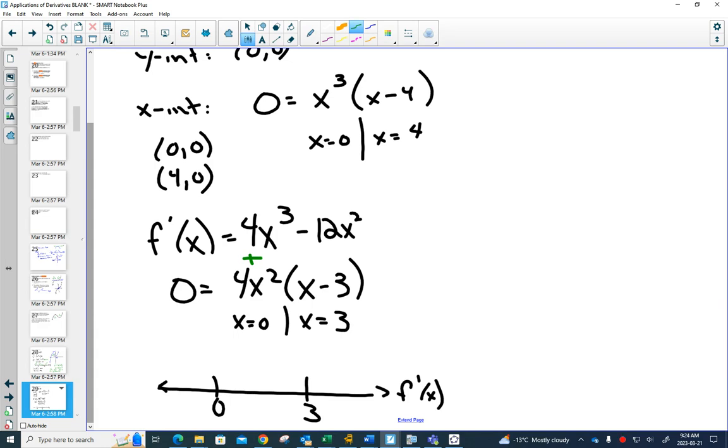Again, I'm going to use my factored form. Can you see that that 4x squared is always going to be positive? Because when you square a number, you get a positive result. So even though I plugged in -1, this is still negative. It goes positive times negative. This is negative. It is decreasing. I plug in something between 0 and 3, like a positive 2. This is still positive. This is still negative. We're going to have a stationary point of inflection on this graph. And then something larger than 3, like 5, we'll make that one positive this time.